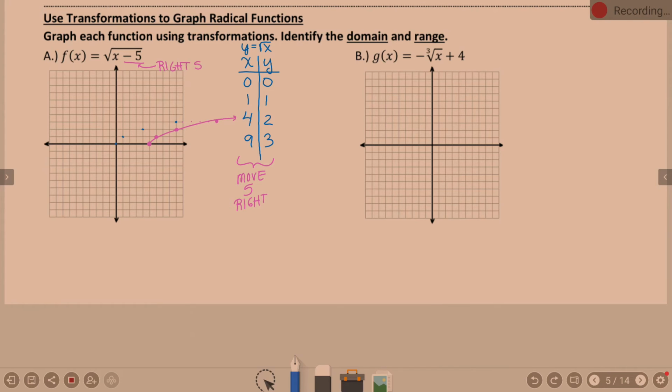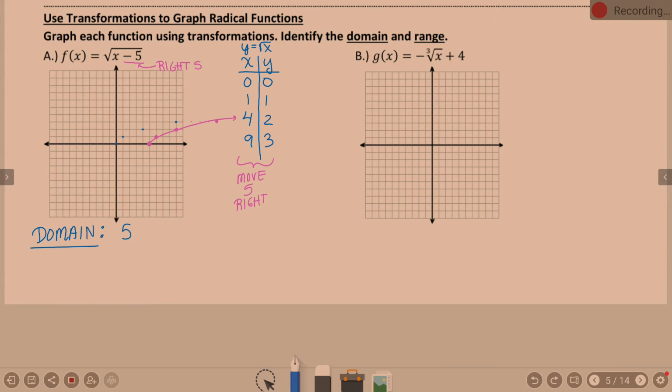Domain and range. Thoughts on domain on this graph? Where does my graph start? How far left does it go? It only goes over to 5 now. 5 to what? Infinity.